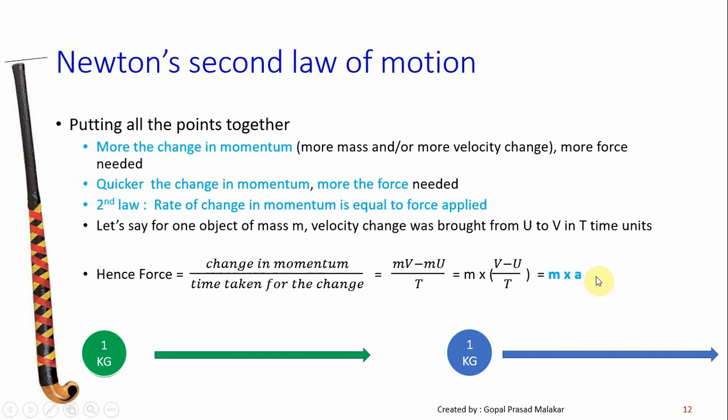So force equal to mass into acceleration is one of the universal things, and you will find many formulas and exercises based on this. Keep in mind, force equals mass into acceleration. That is Newton's second law. As I had talked about, the rate of change in momentum is equal to the force applied. Once you are clear with momentum and these two points, this becomes very obvious.